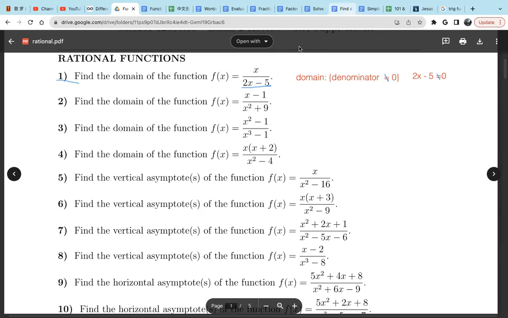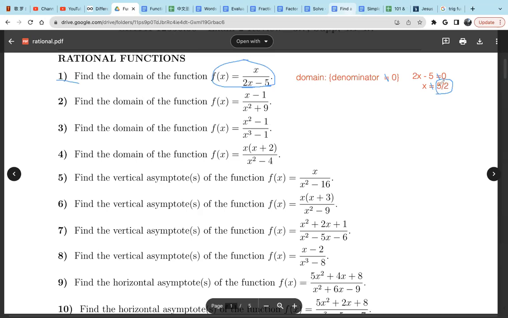Solve this, of course, you get x not equal to 5/2. So that means this function works for all real numbers but 5/2.